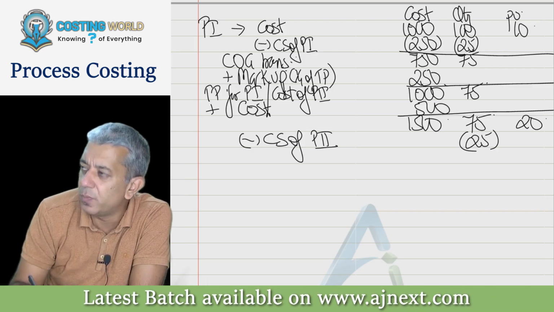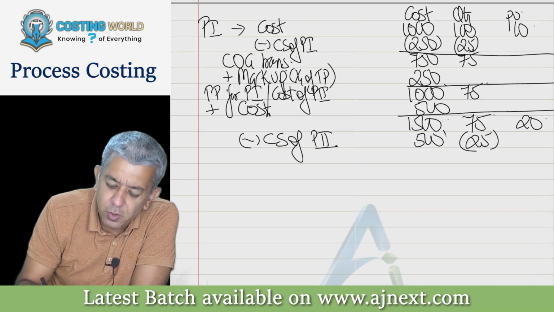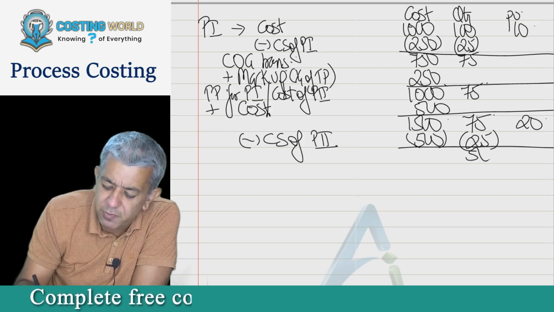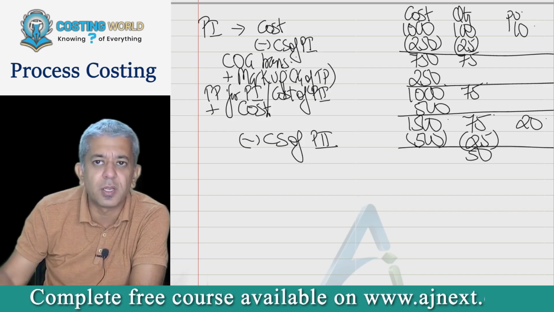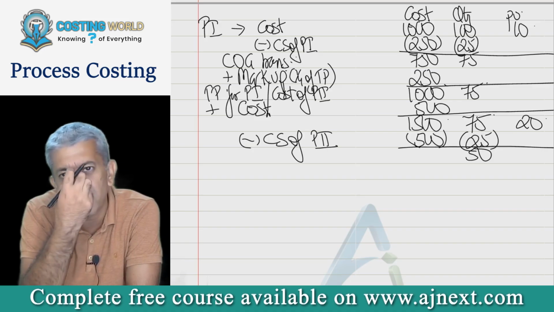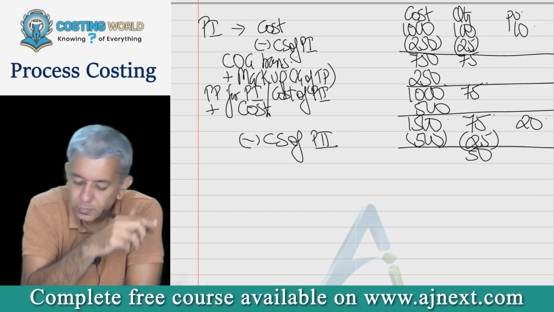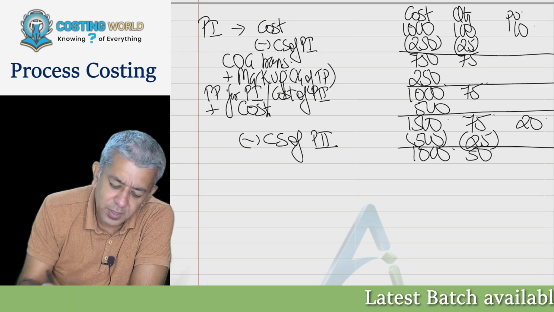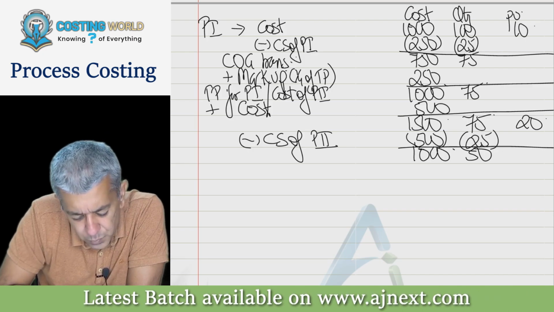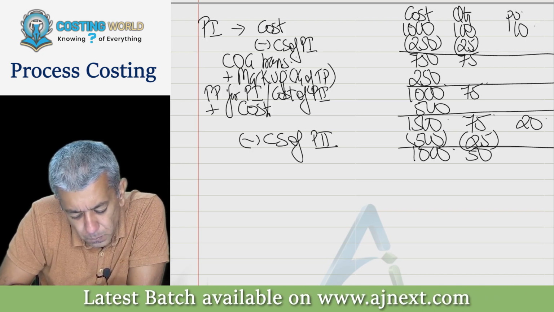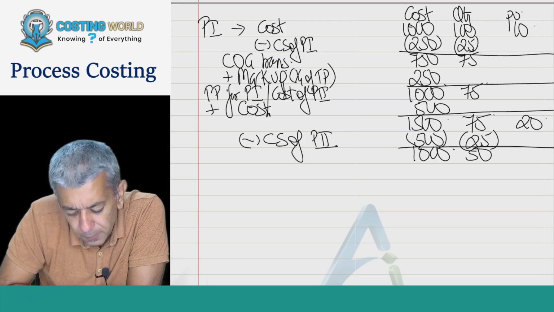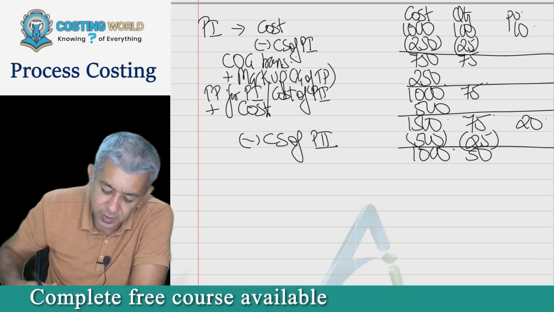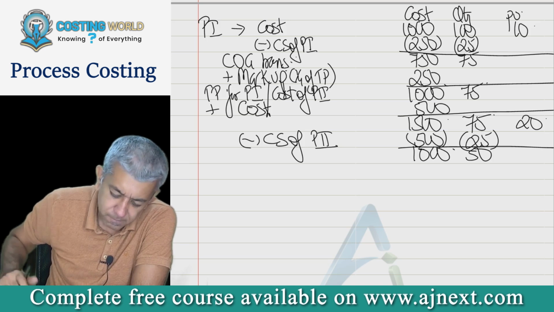This figure will be how much? 500. Okay, this will be closing stock over here. So therefore, 50 units in this particular case, we have transferred to our next department. This particular figure will be nothing but 1000 over here.